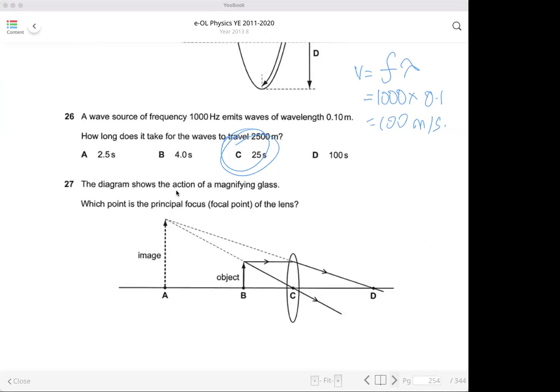27. Okay, so what's the answer for 27? What is the focal point of the lens? Oscar, very good. Yu Ting, very good.